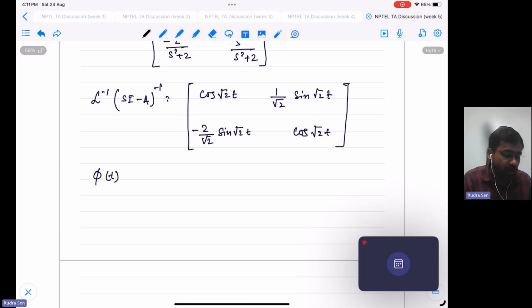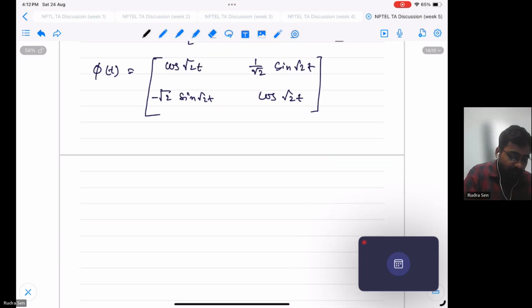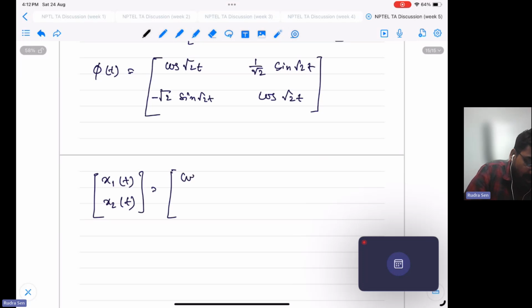Sometimes this state transition matrix is also written as phi(t). So phi(t) is cos root 2 t, 1 by root 2 sine root 2 t, minus root 2 sine root 2 t, and cos root 2 t. So x1(t), x2(t) is this matrix into x(0).